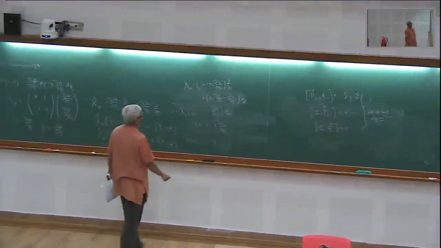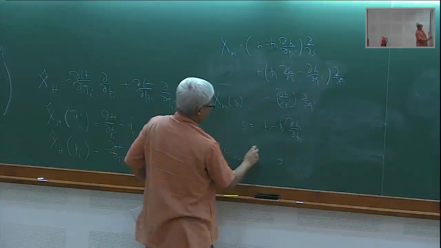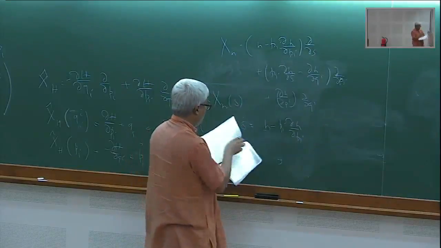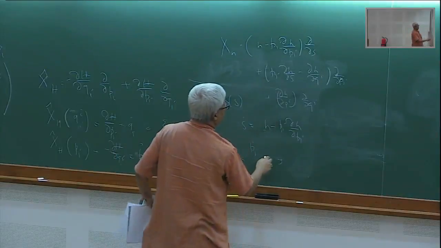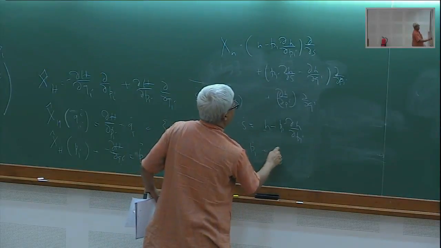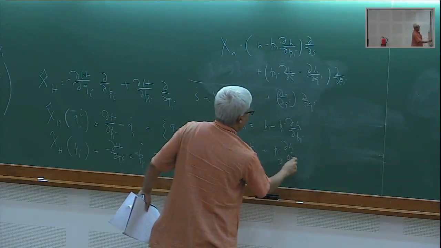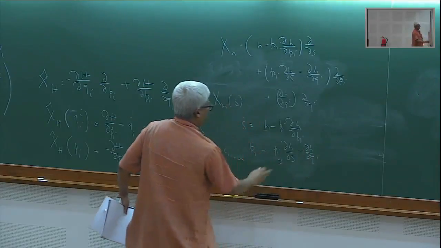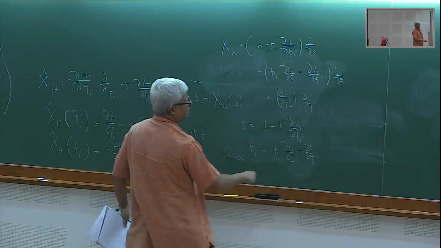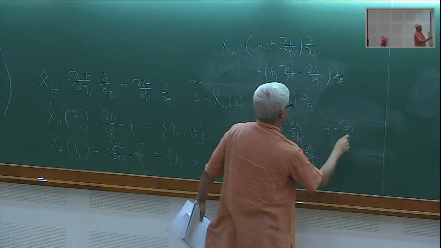The second one is actually your Pi dot, so Pi dot is equal to minus Pi times del H del S minus del H del Qi. And then the last one is Qi dot, which is nothing but del H del Pi.